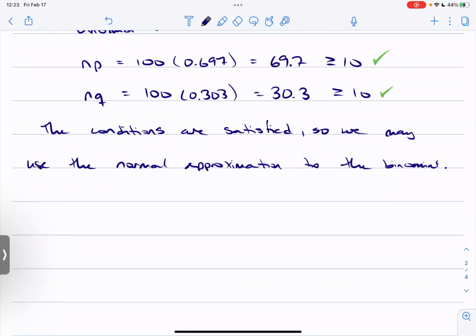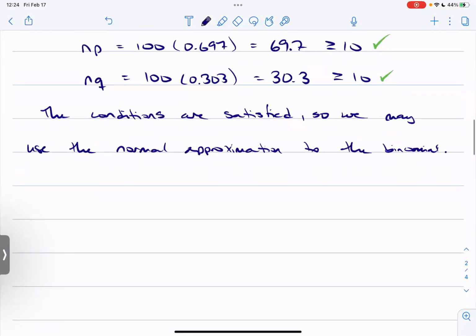If you have software, you don't have to use the normal approximation to the binomial, but I'm pretty sure that it uses the normal approximation if you reach a large enough n. Even in programming, at some point it switches to the normal approximation, but I'm not 100% sure on that, but the answers will be pretty much the same.